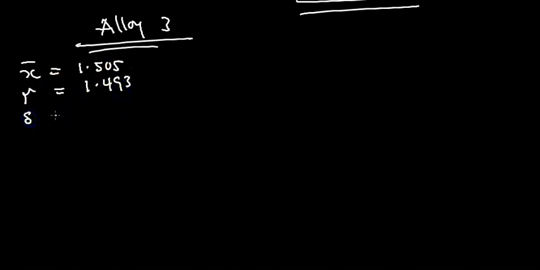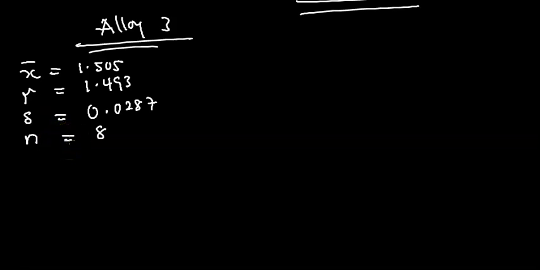We have the standard deviation for alloy 3, which is 0.0287. And we have the n, which is the replicate, which is 8. Remember, the reason why I keep writing 8 is that they all have 8 replicates.